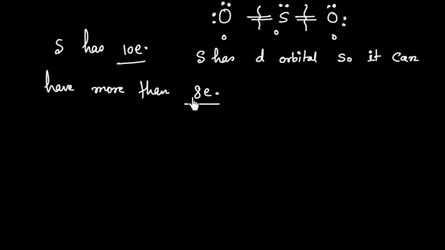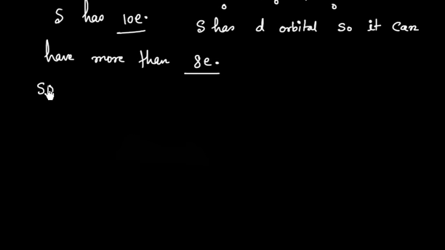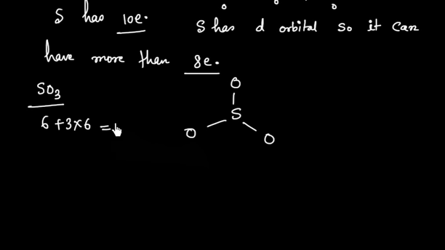Now let us try the molecule SO3, and I will give you a skeleton. So you have S, you have O, you have O, you have O. This is the skeleton. Let us form at least one bond, and now you can count 6 plus 3 into 6. So total we have 32 electrons.